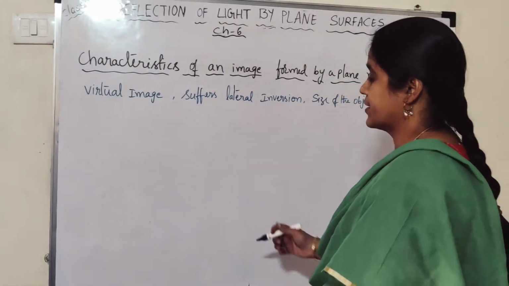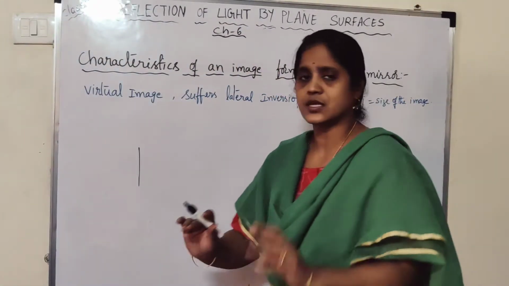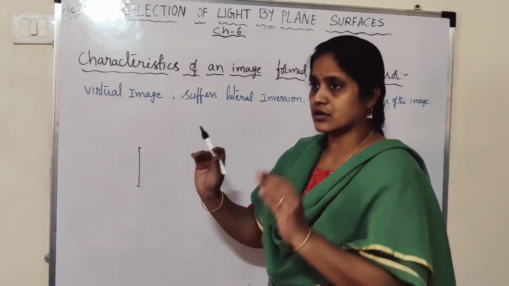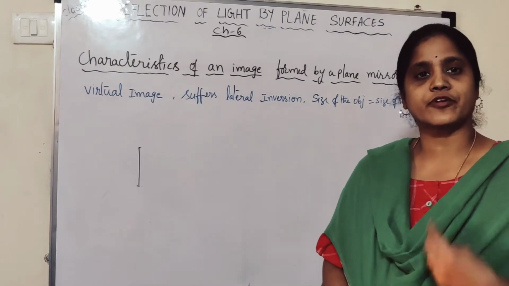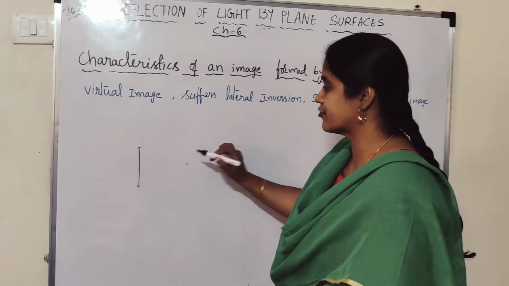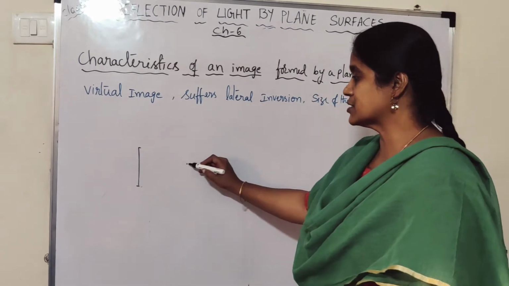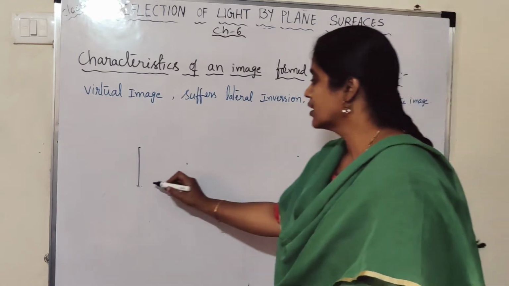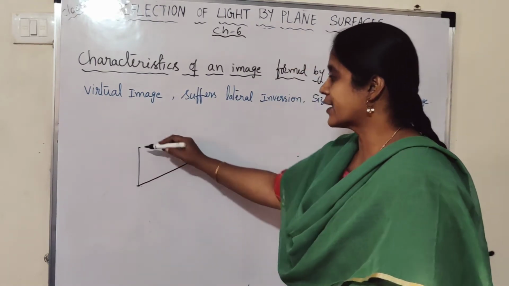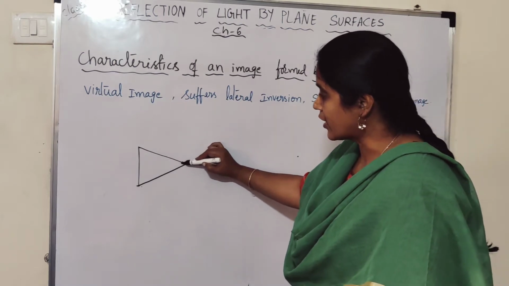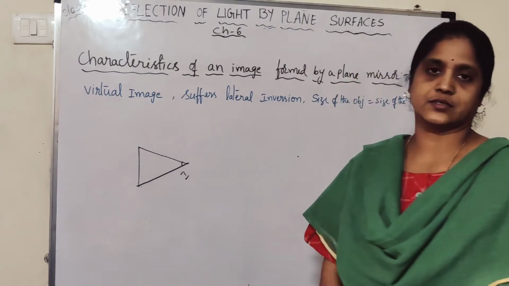I will draw the ray diagram. Suppose there is an object, and two persons are observing the object from different distances. One person is here and the other person is very far back, at a long distance. The rays from this object make an angle to observer 1.